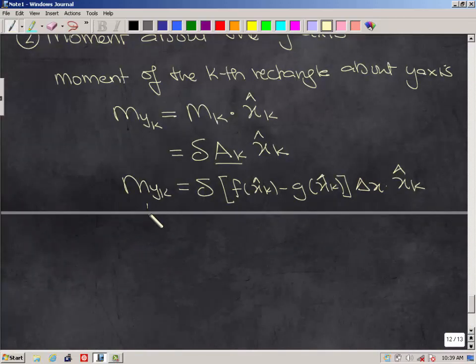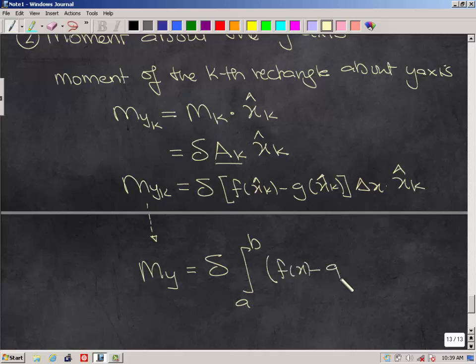So if I skip those steps, we get m sub y, the actual moment about the y-axis. It's going to be delta times the integral from a to b. This becomes f of x minus g of x. x hat sub k is just x, and delta x becomes dx.